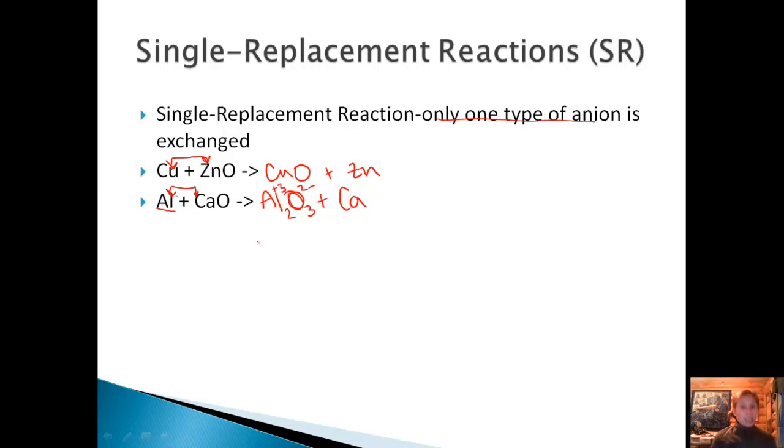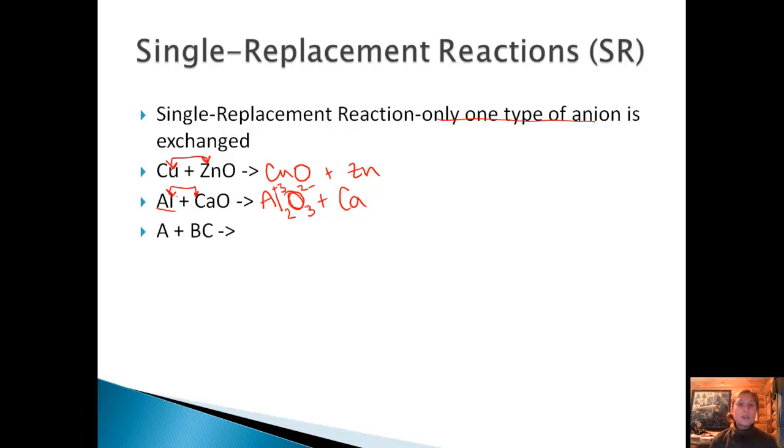But it's still a single replacement, even though we have more than one aluminum and more than one oxygen. It's still the exchange of the cations, and so this still qualifies as a single replacement. So don't let the subscripts fool you. These are just there to make the compound neutral.